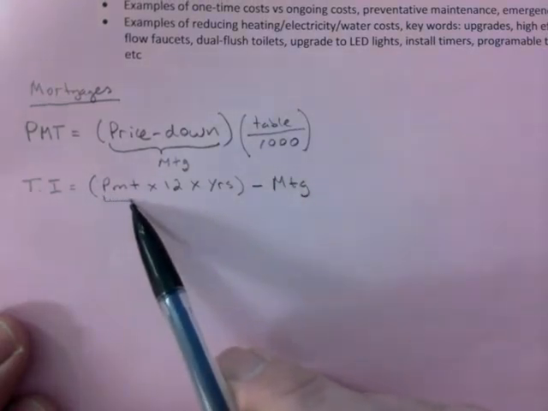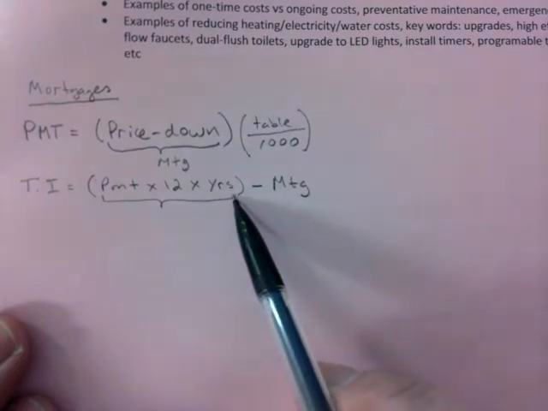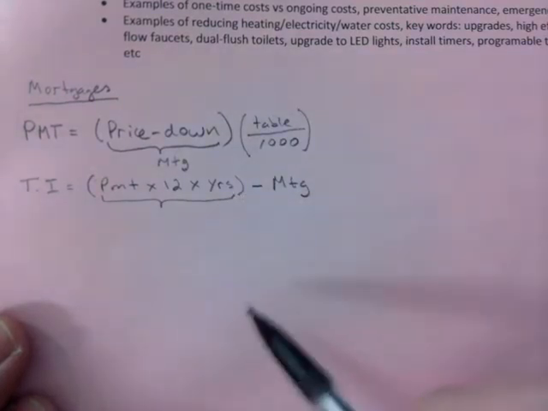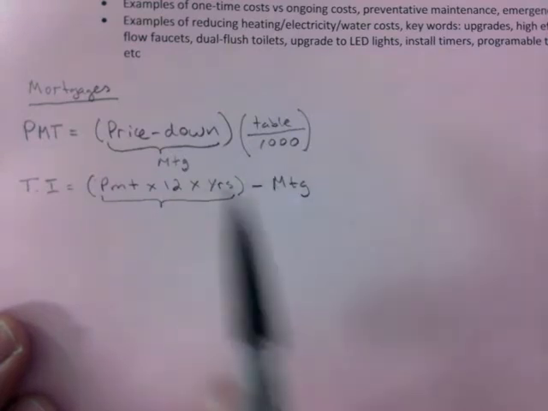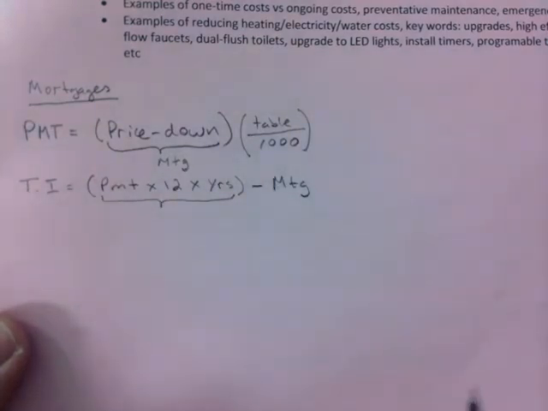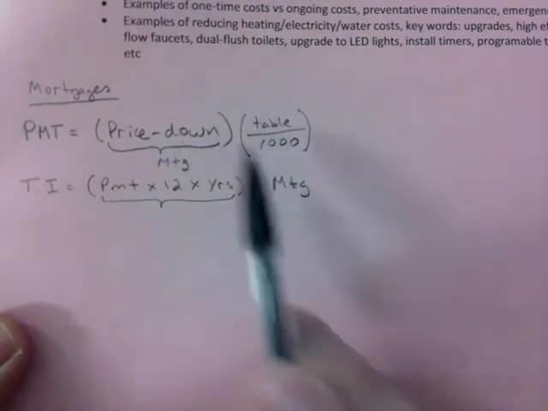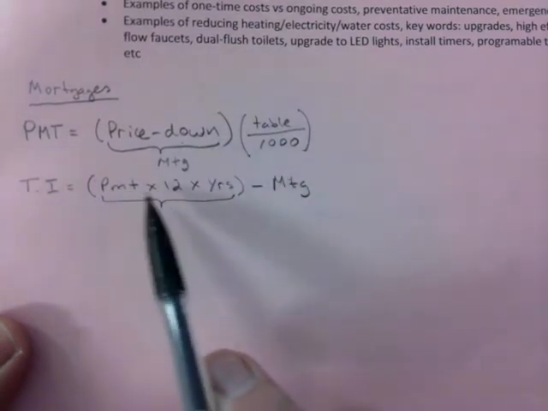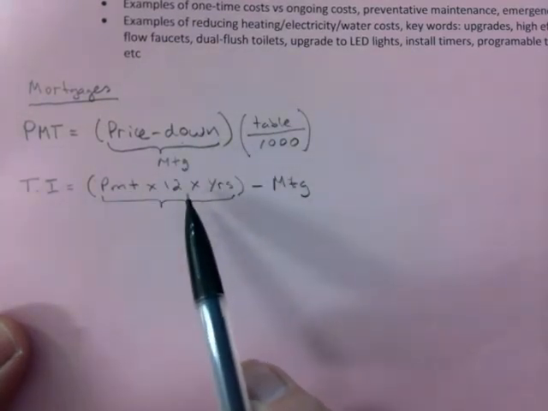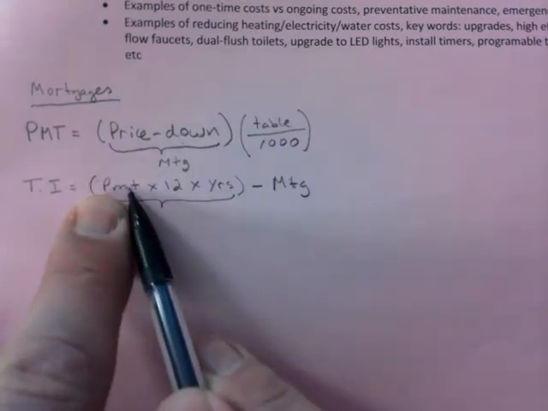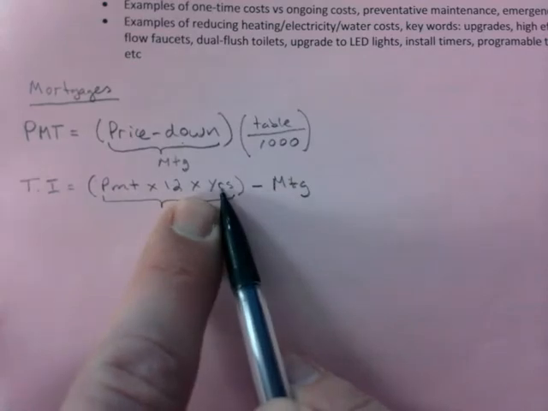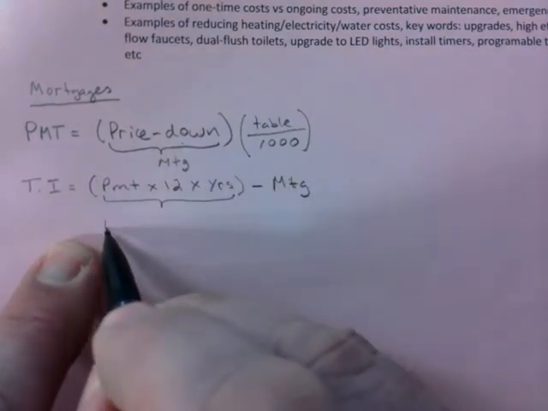What do we call this part right here? Any brave volunteers? This part is the total paid to the bank, because you made this payment times 12 times the many years. So this is total paid to bank.